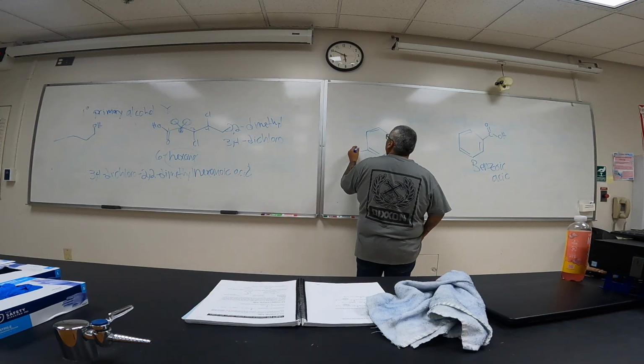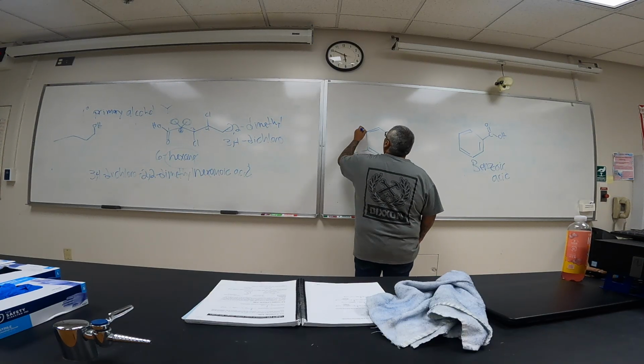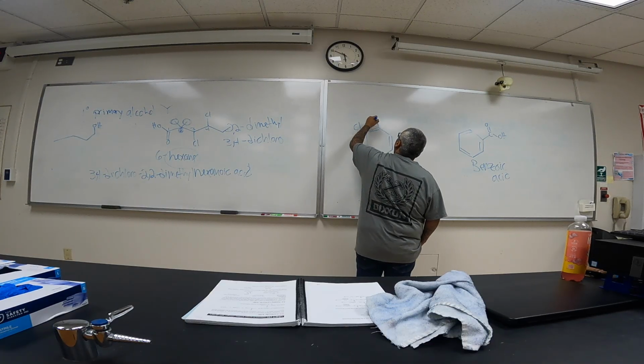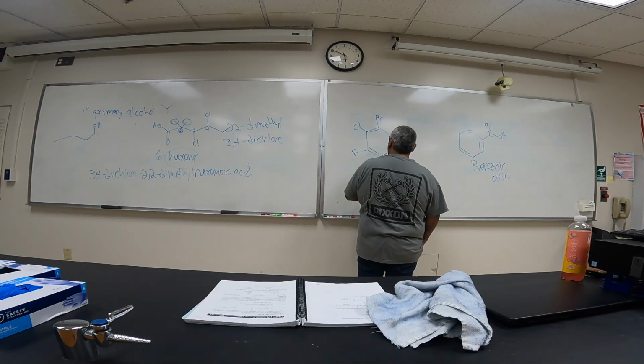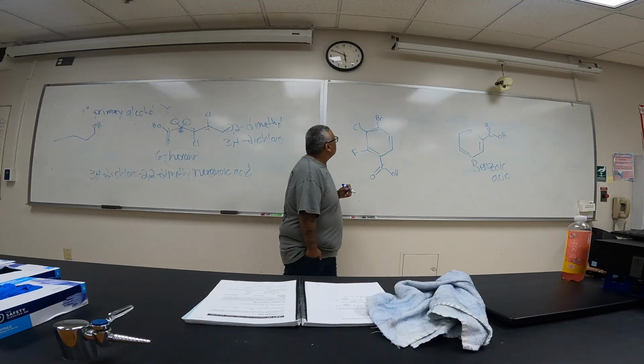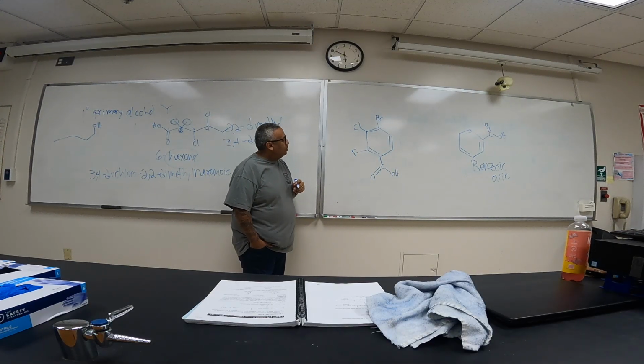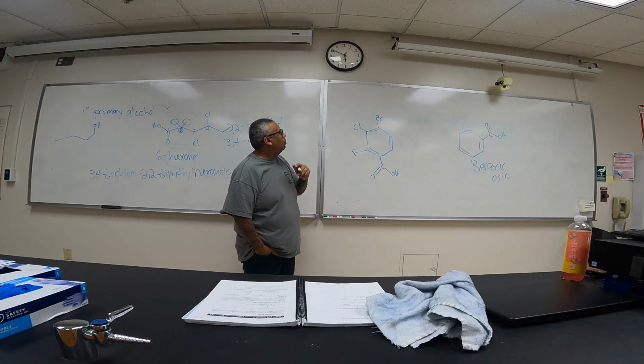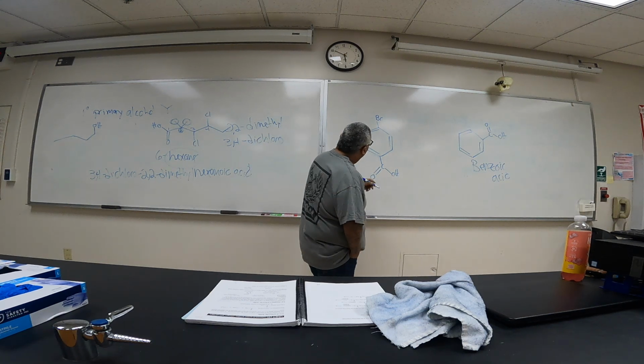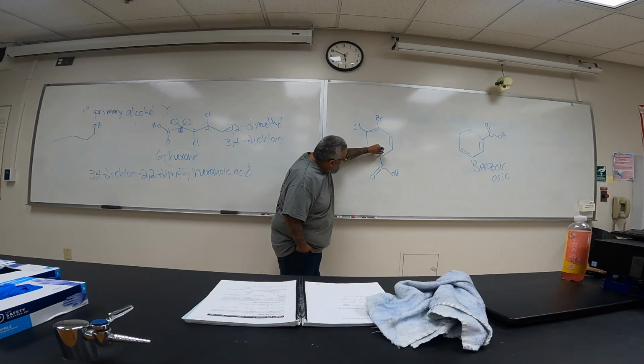And let's put fluorine here. Let's put chlorine here. Let's put bromine here. So I have 3 different halogens here. Remember how to name our halogens: chloro, fluoro, iodo, bromo. This is carbon number 1 here.